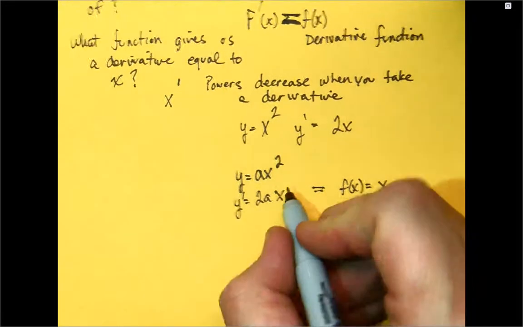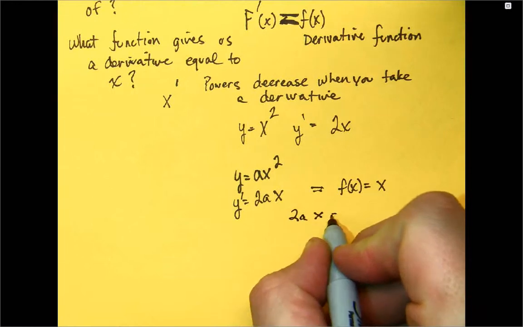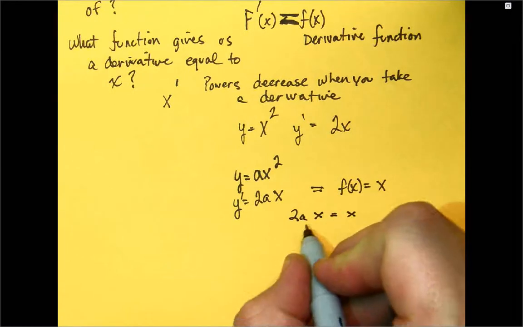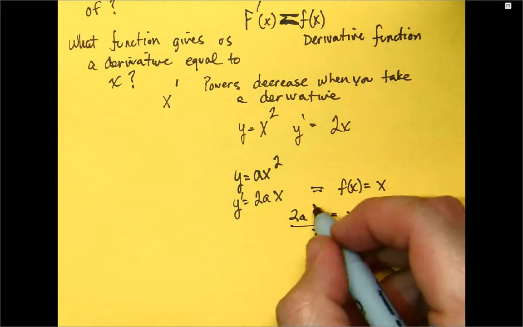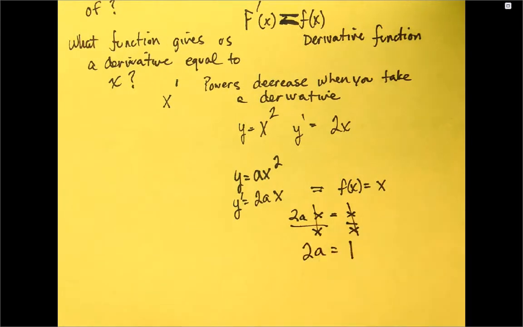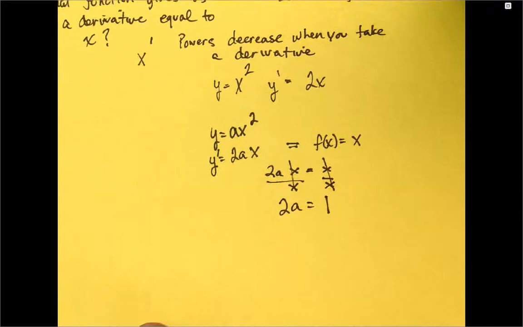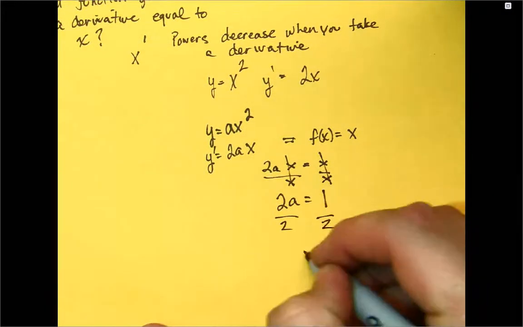So I could say 2ax is equal to x. Now if we divide by x, the x's divide out. So I get 2a is equal to 1. Divide by 2, divide by 2, a is equal to 1/2.